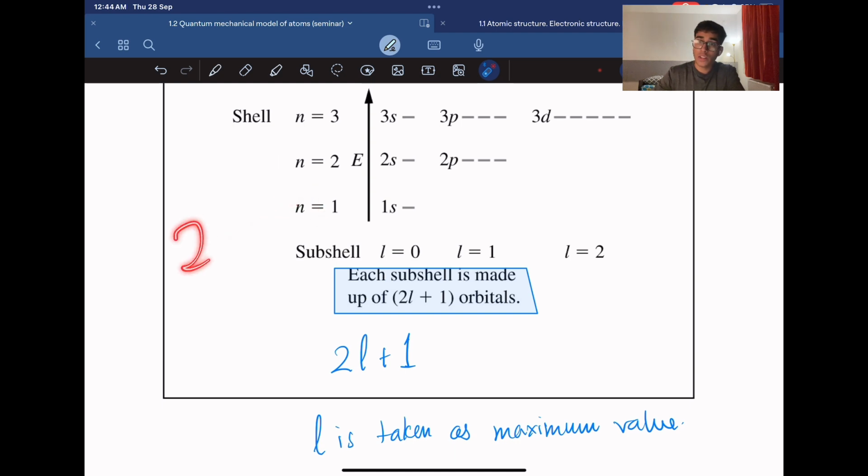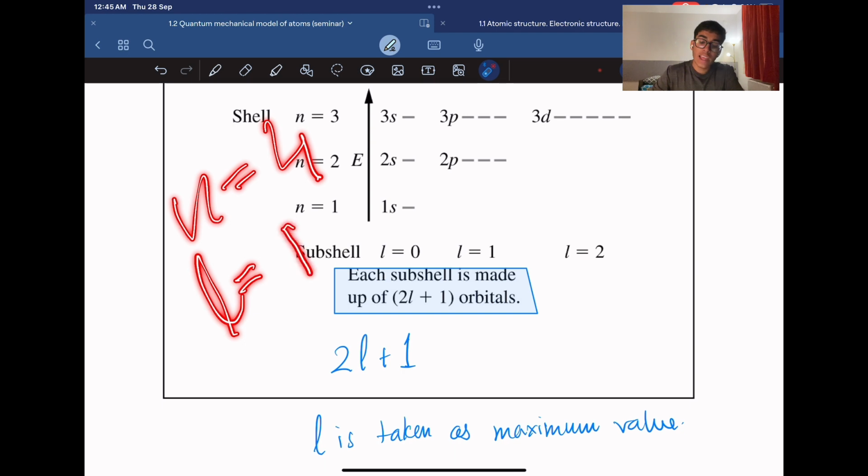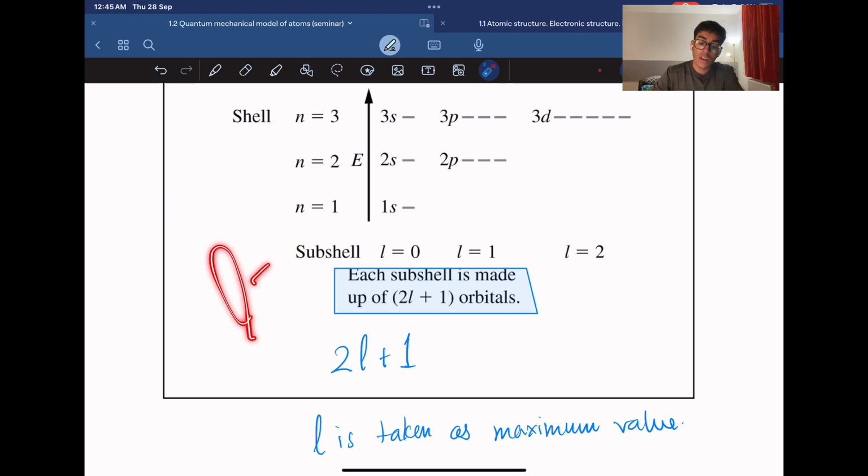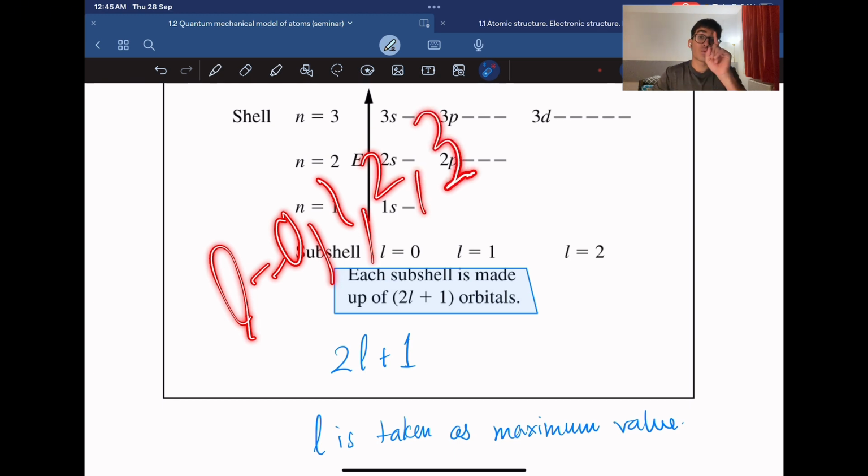So the number of orbitals will be 2l plus 1. Now I give you the value of n though. N is the principal quantum number. So if n is 4, we know that l can be anything from 0 to 1 to 2 to 3. N minus 1. Remember? 0 to n minus 1.